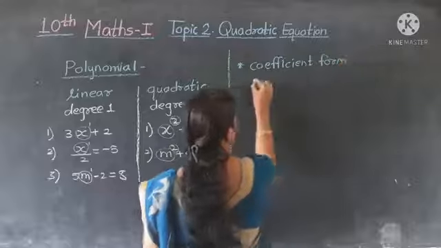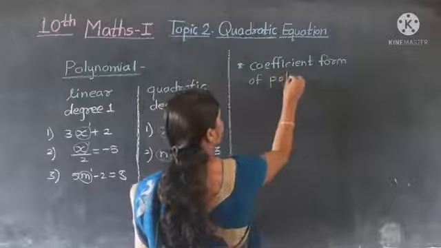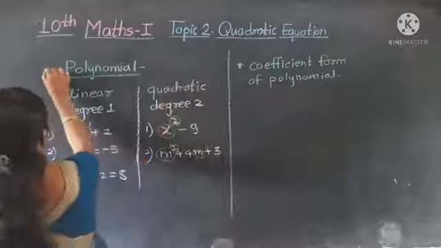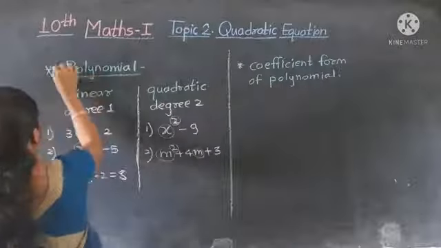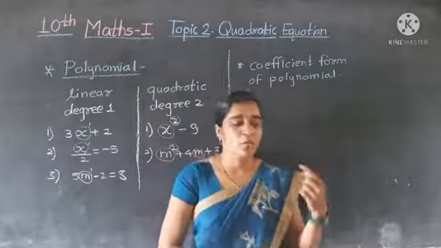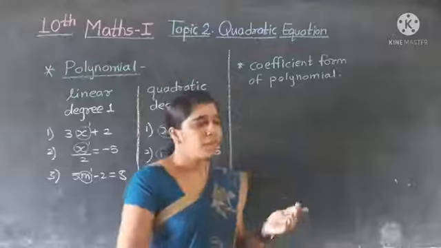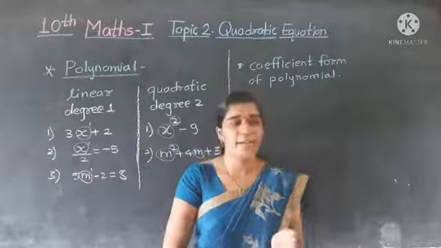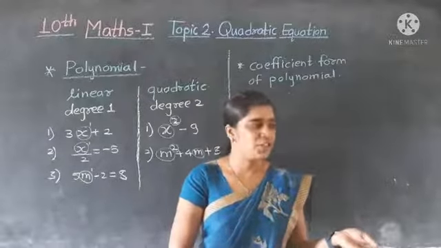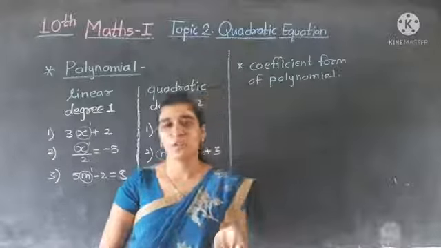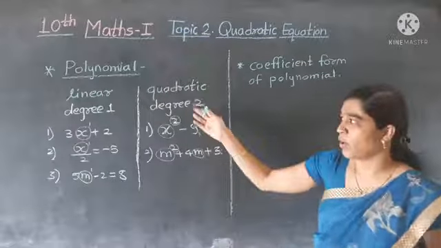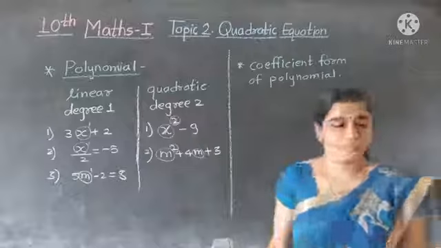These are the basic things you had learned. Now you know there is a bridge course. In that bridge course this concept is also given: polynomial, degree of a polynomial, how to write the polynomial in index form and coefficient form, also addition, subtraction of polynomials, and factors of polynomials. So these are the basic concepts.